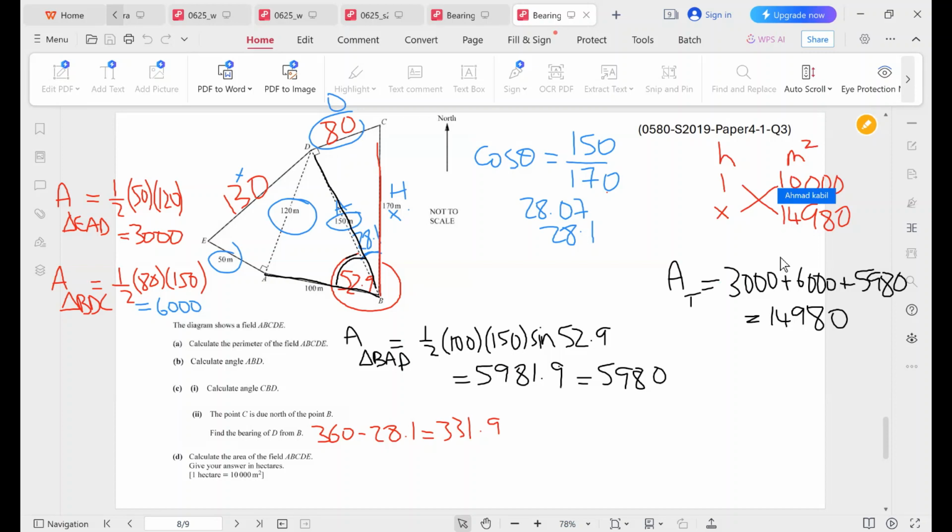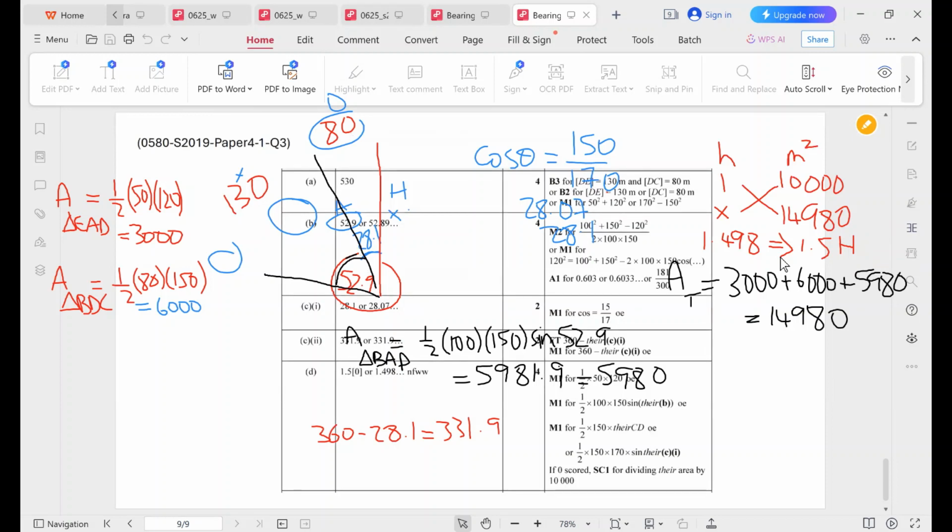So we simply divide our number by 10,000 and we get 1.498. So roughly 1.5 hectares. Let's check our answer. Yes, either 1.5 or 1.498 would work for this question.